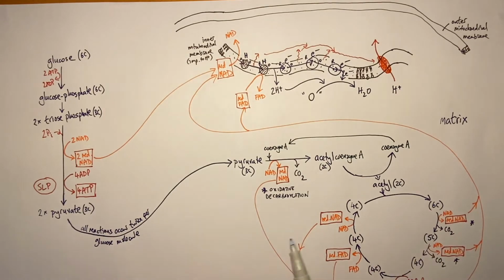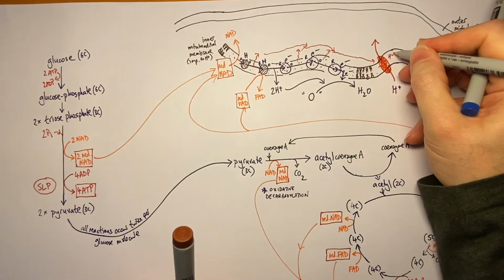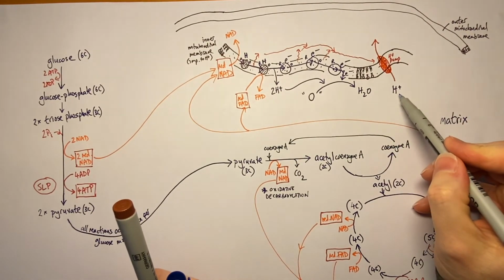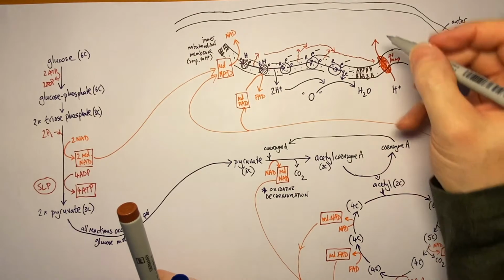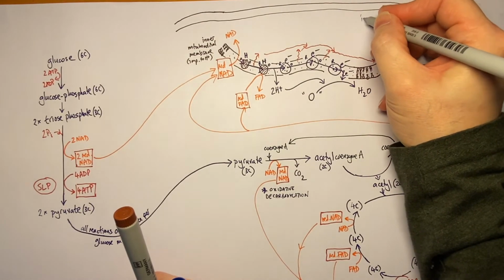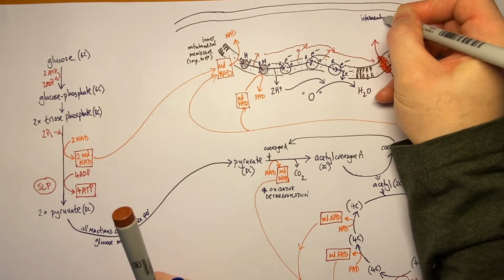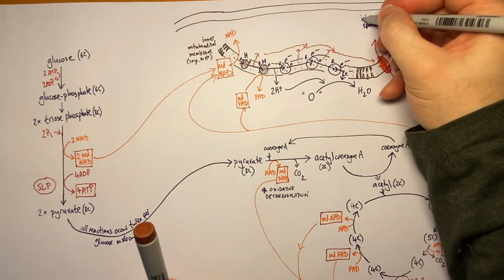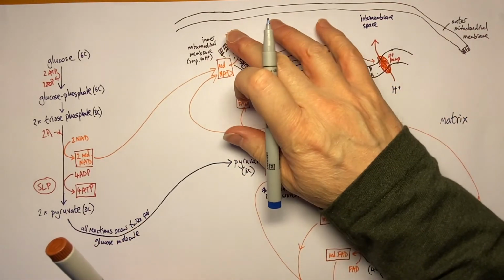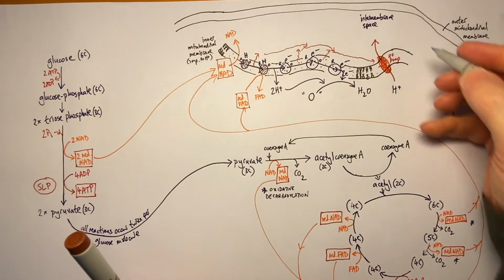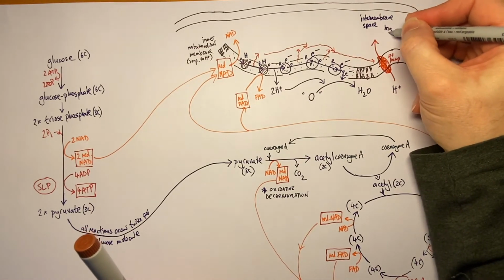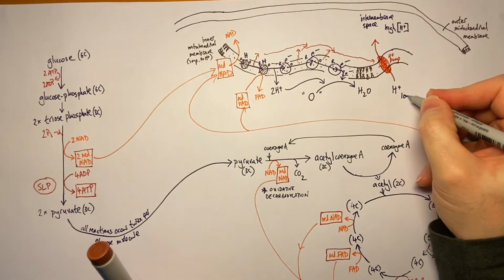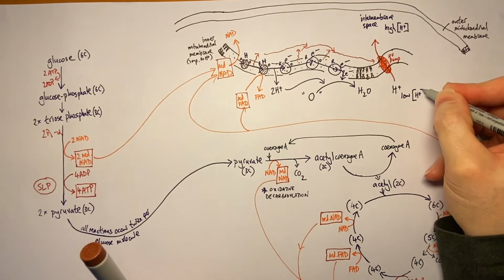So this here is a hydrogen ion pump, and it's actively transporting hydrogen ions from the matrix into the intermembrane space. And that space is really important because it's keeping lots and lots of hydrogen ions separate from all the others. So what we end up with is a high hydrogen ion concentration here, and in the matrix we have a low hydrogen ion concentration.